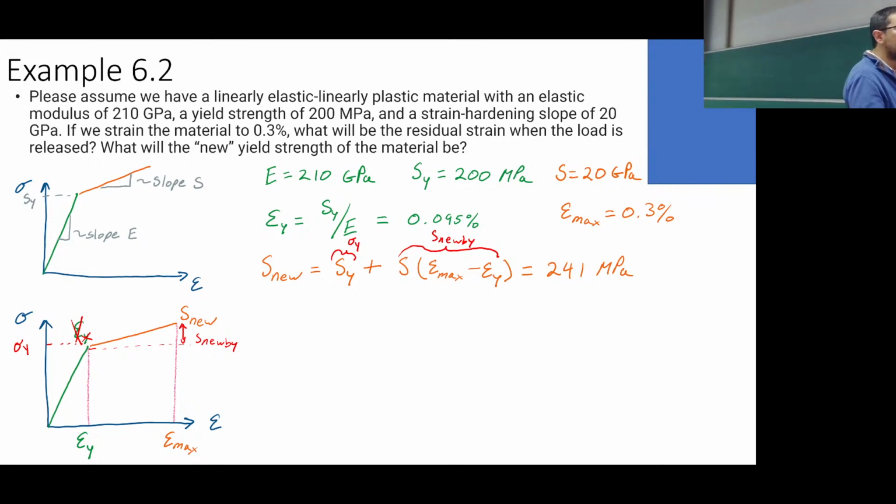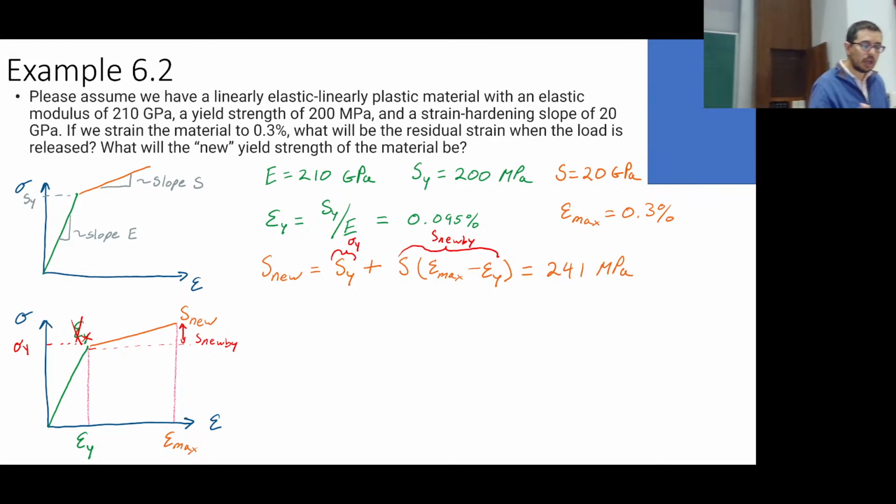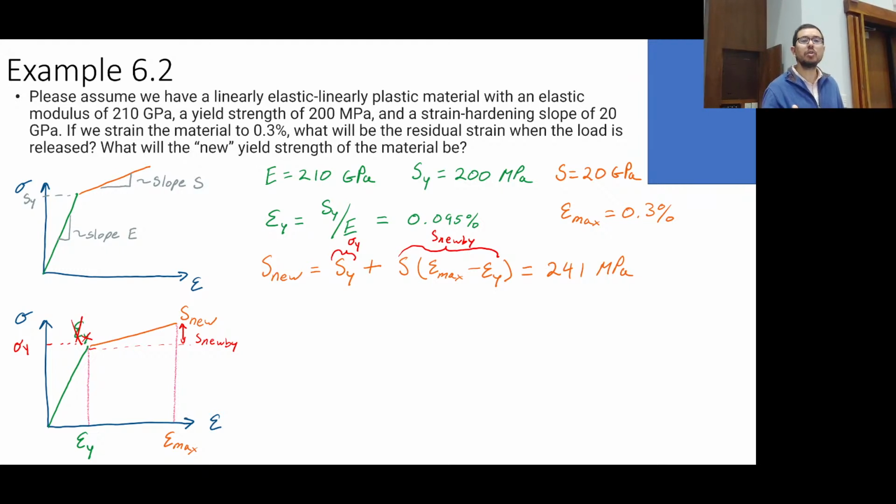There'll be some residual strain, and it goes from this S nu down to 0. So it even goes back further than epsilon y, because it's got a larger run to go back down. But this new strength is 241 megapascals.